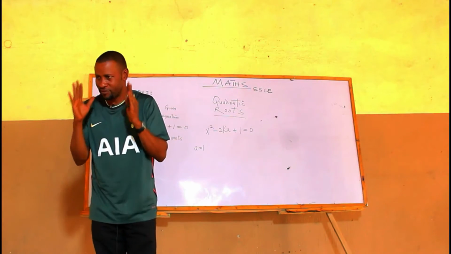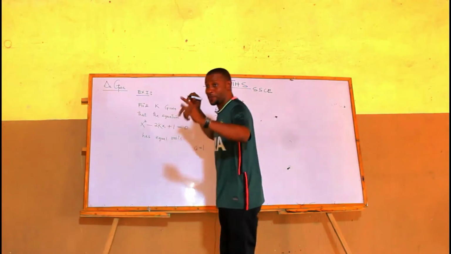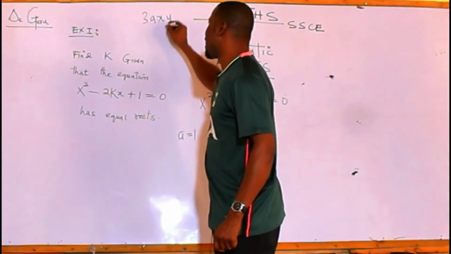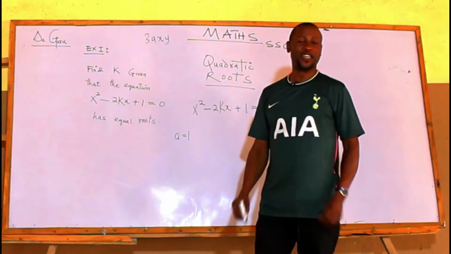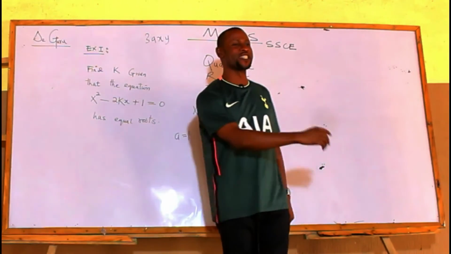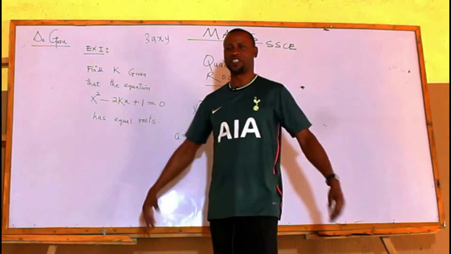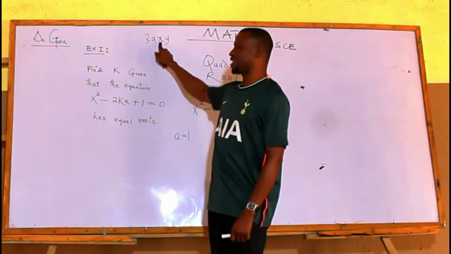If somebody gives you something like 3axy, and they ask you, what is the coefficient of x here? The answer is 3ay. This is x.